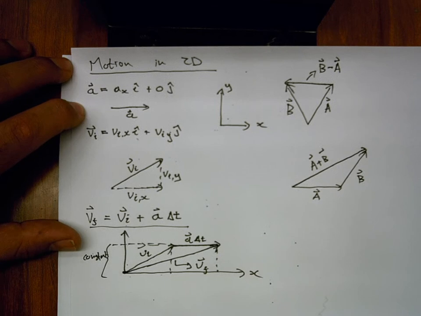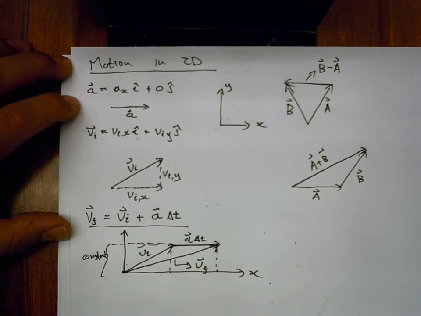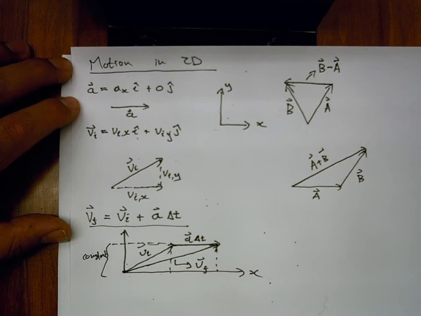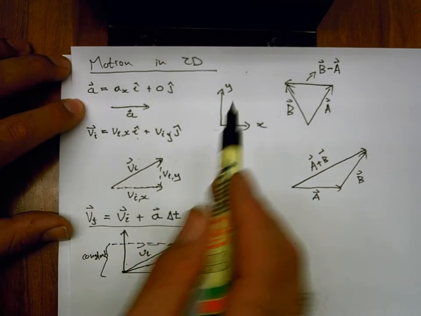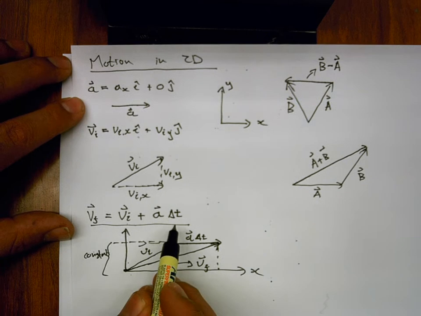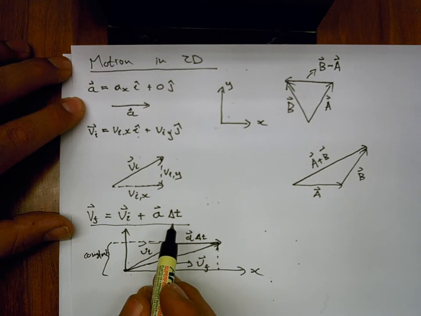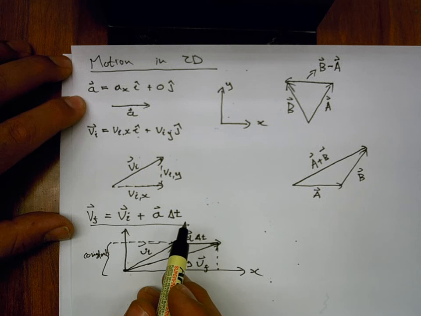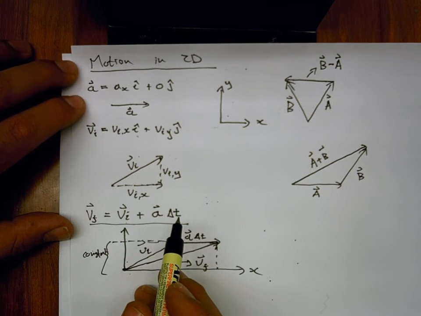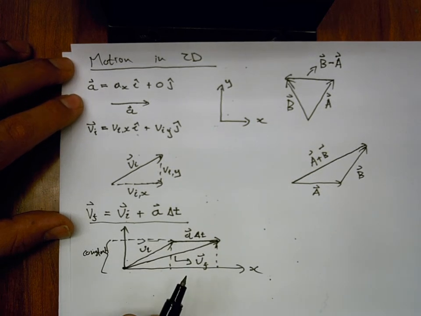And if we had an acceleration along y, we would only be changing the y component. More generally, if we've got acceleration along x and y, we can use this equation to split the problem up into an x component and a y component, figure the two out separately, join them again together with time. And that's what we're going to do in a second.